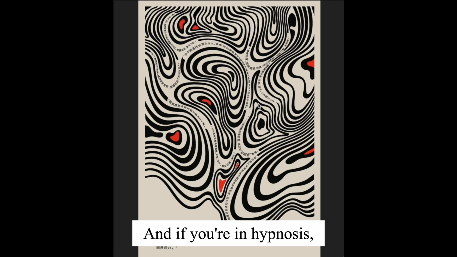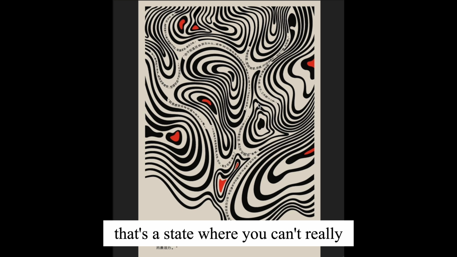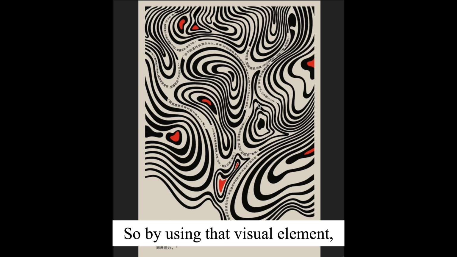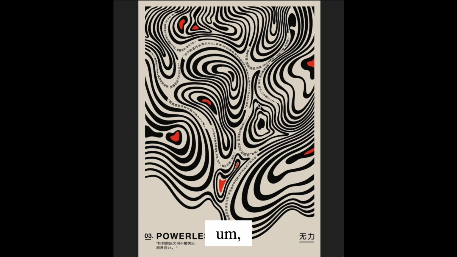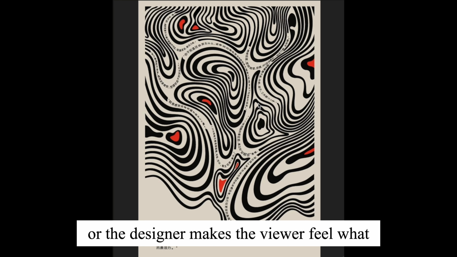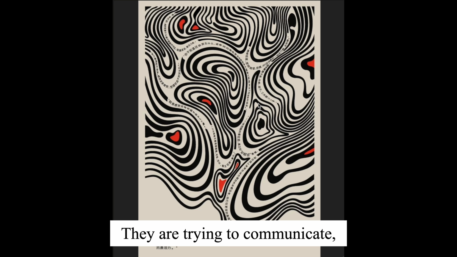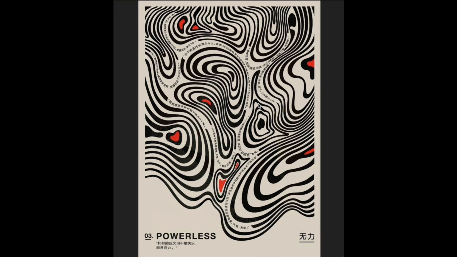And if you're in hypnosis, that's a state where you can't really control yourself. Someone else is controlling you. So in essence, you're powerless. So by using that visual element, the designer makes the viewer feel what they are trying to communicate, which makes the message extremely effective.